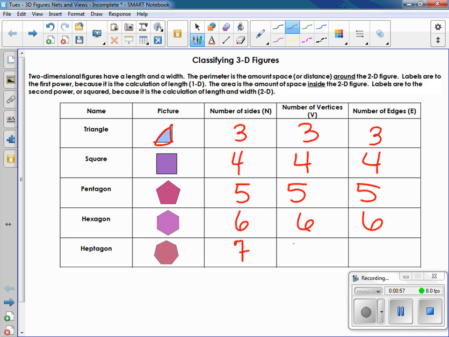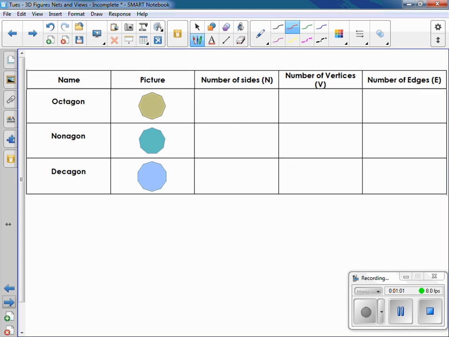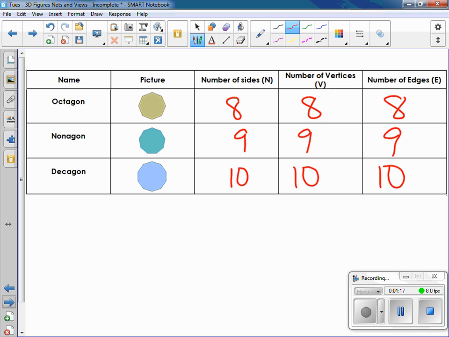Heptagon is 7. Octagon is 8. Think of an octopus. Nonagon is 9. Starts with an N, so it's a little easy to remember that way. Decagon is 10. And those are the ones that you're responsible for at this time.